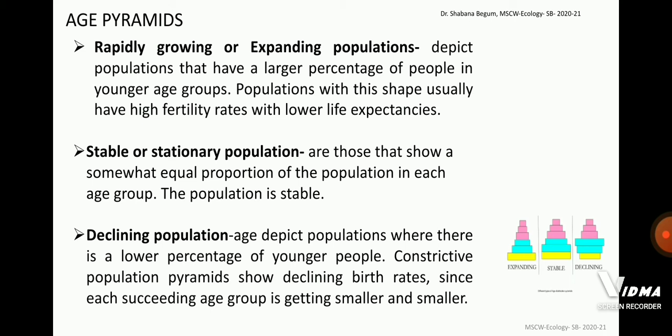The second type is the stable or stationary populations. These show a somewhat equal proportion of the population in each age group; the population is stable. Then there are also declining populations, which have a lower percentage of younger people. Constrictive population pyramids show declining birth rates since each succeeding age group is getting smaller and smaller.